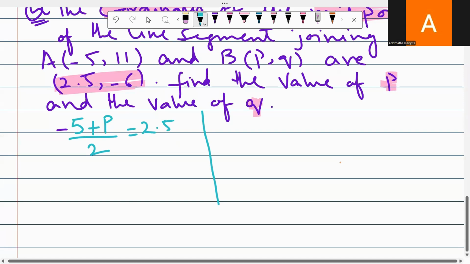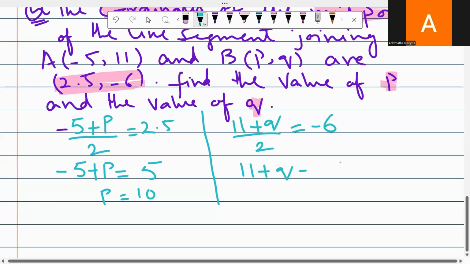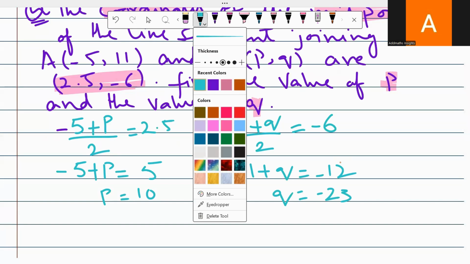Secondly, the y coordinate means 11 plus q over 2, because the formula is y1 plus y2 over 2, and this equals -6. Now we use algebra to solve this. So -5 plus p is equal to 5 and then p is 10. Similarly, 11 plus q is -12 and q is -23. So this is how you can find the values of unknown P and Q.